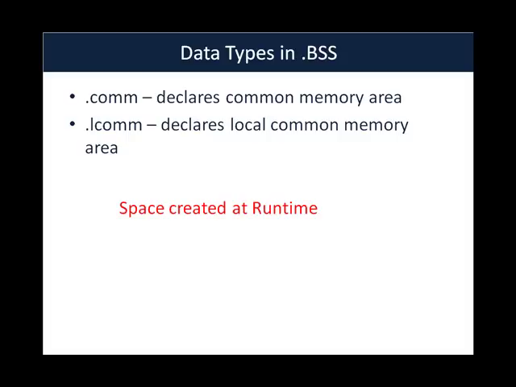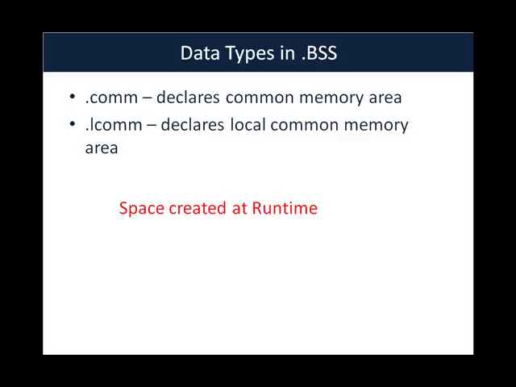What this means is that whatever you define here is not going to occupy any space inside the executable created by the assembler and linker. Only when it is loaded into memory as a program will the space actually be created.